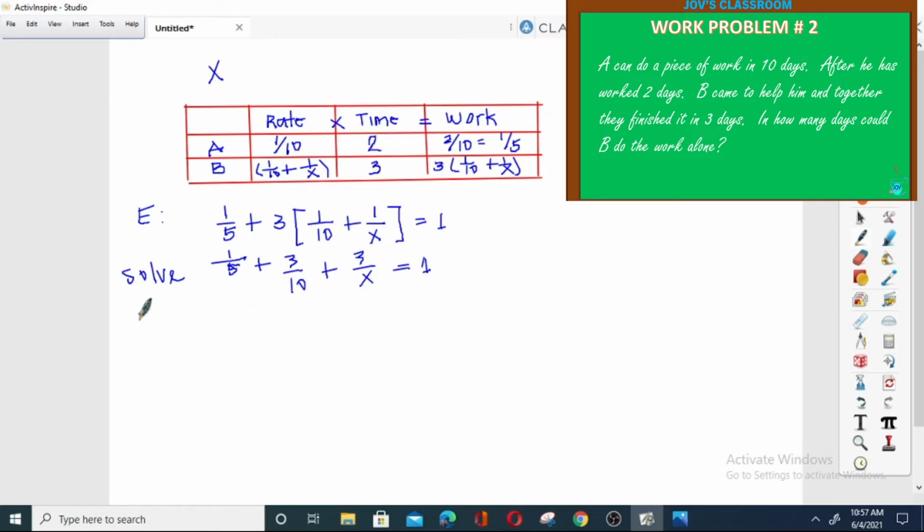So get the LCD. The LCD of the denominator is 10x. 1 times 5 and 10 is 5 times 2.